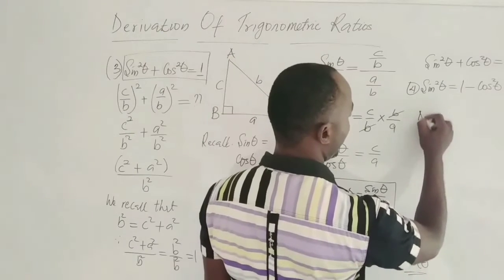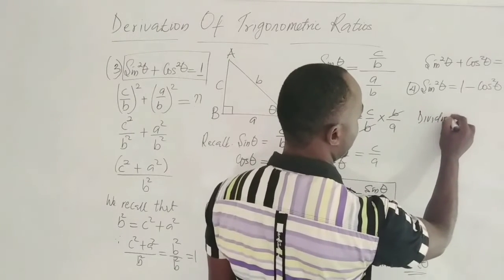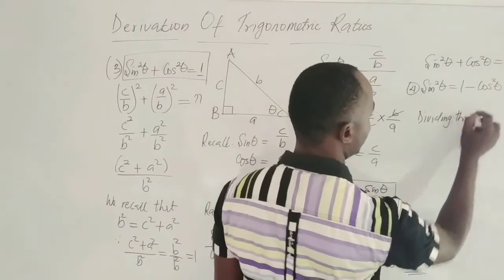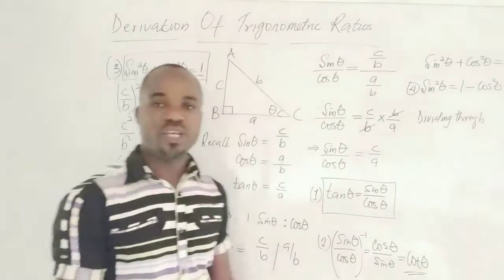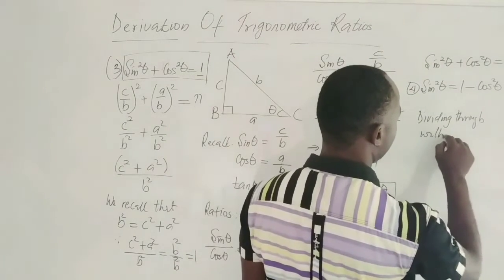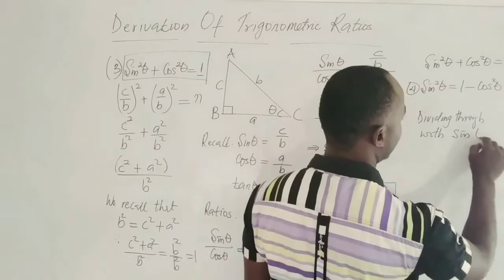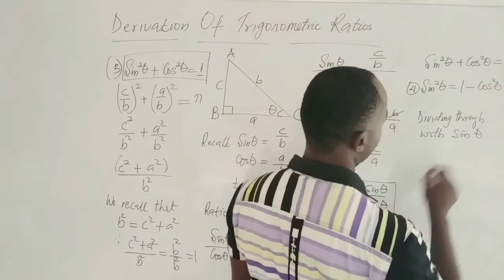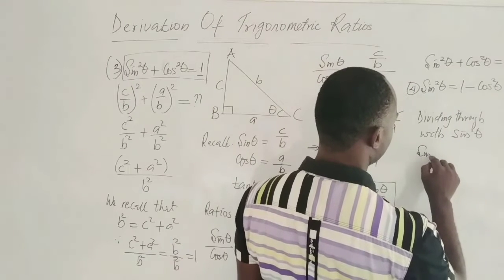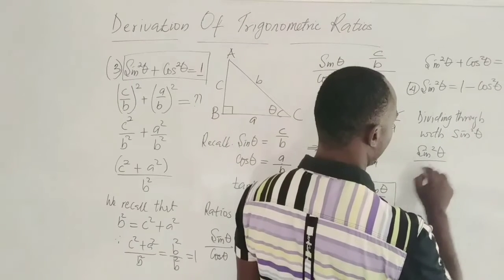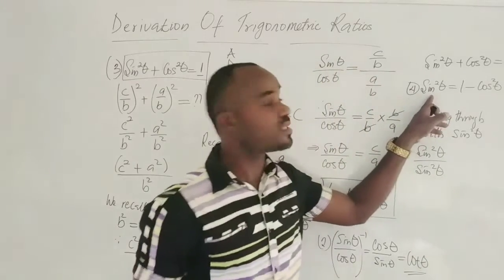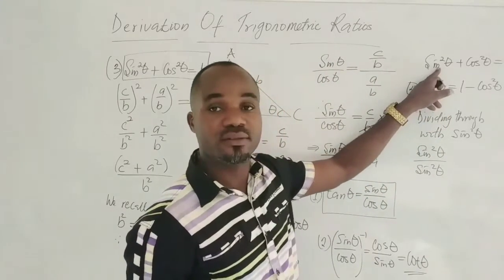Relation number 5, dividing through. If we divide through with sine theta squared, we have sine theta squared over sine theta squared, that's the first one.